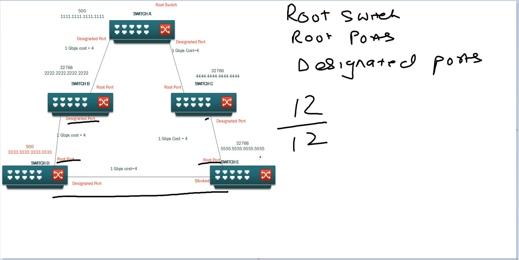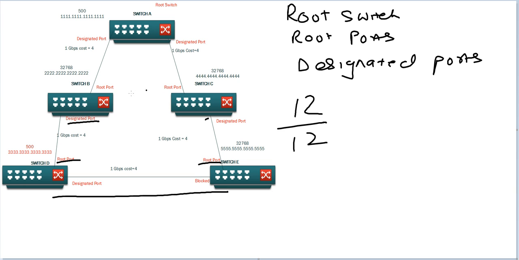That is where the lowest bridge ID comes into the picture. Switch D has a priority of 500 and switch E has the default priority of 32768.